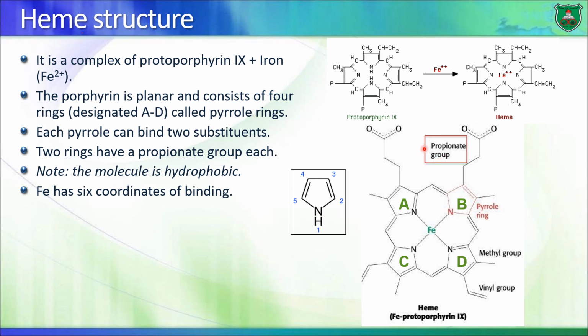Note that the propionate group is negatively charged, but overall the heme molecule is hydrophobic and it is planar, that is, it is flat. Now, something else about iron is that it can form 6 covalent bonds. 4 of them are with the pyrrole rings, so you have 2 left.